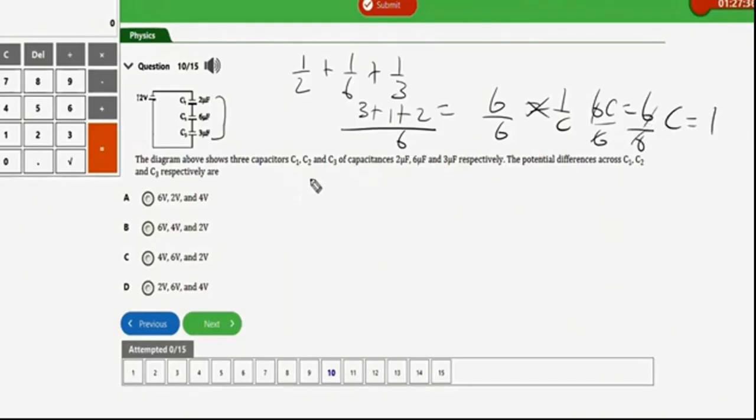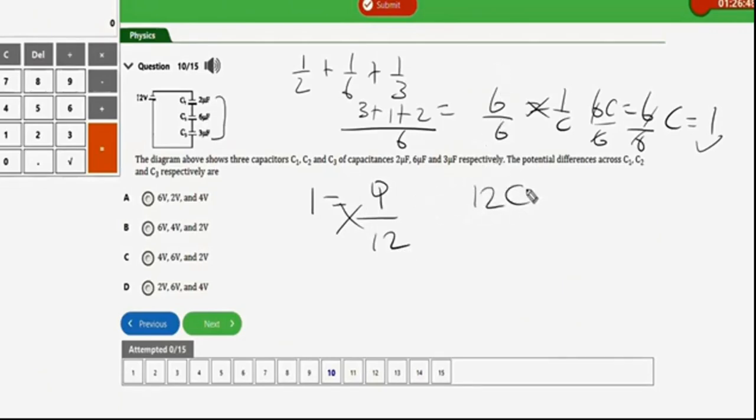So now that we have this, to get the potential difference across C1, C2, C3, we have the effective capacitance to be this. Let's get the effective charge. So it will be this effective capacitance, 1, equals charge over the effective voltage we have there, 12.